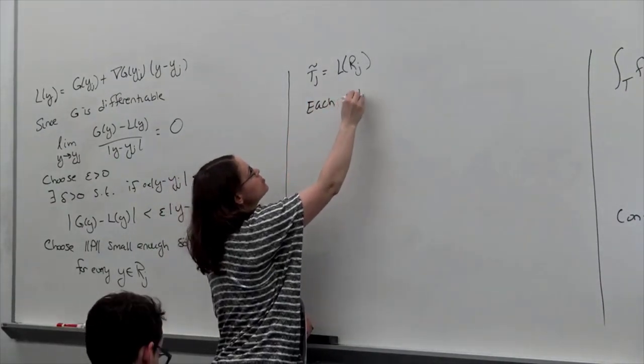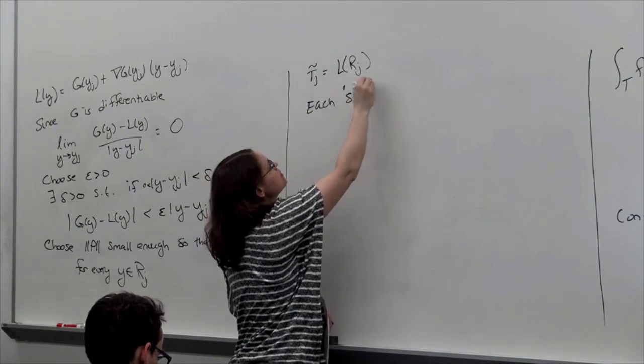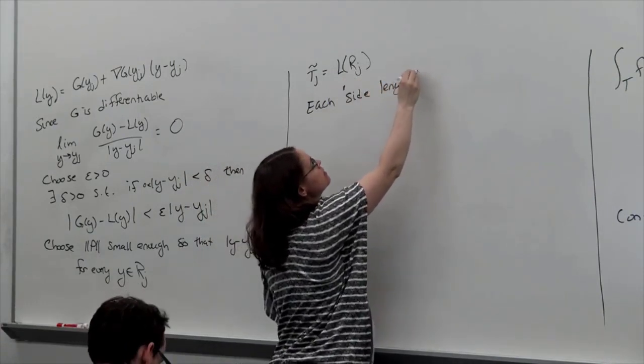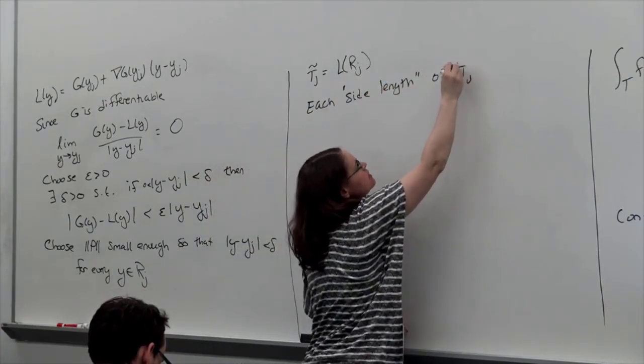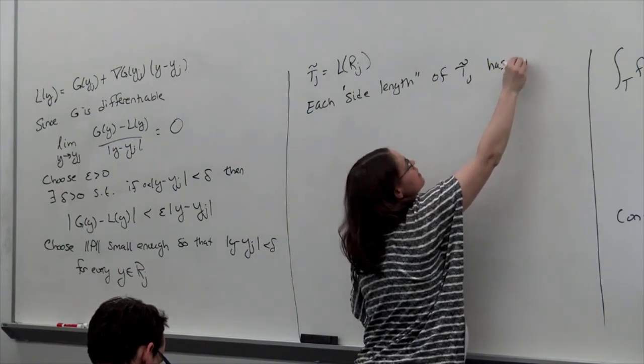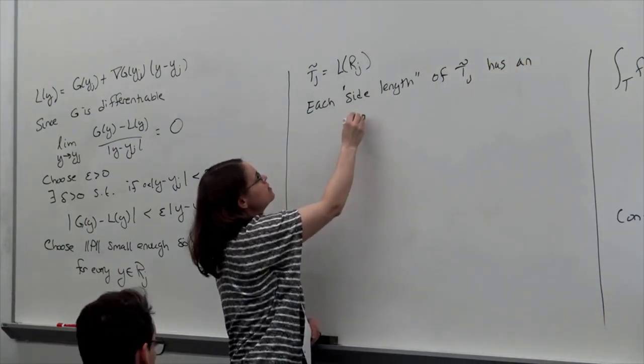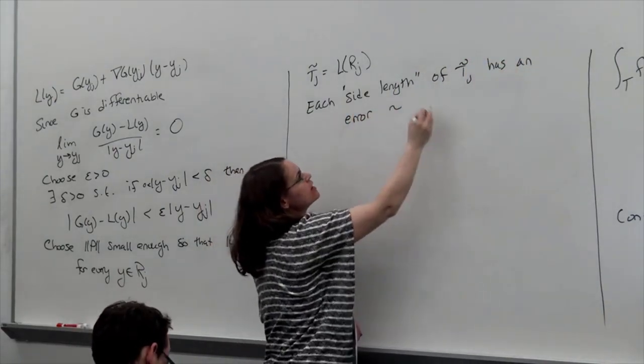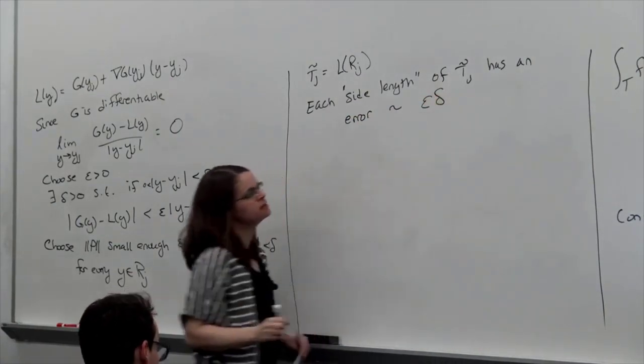So more or less, this is a bit hand wavy, but each side length of TJ tilde has an error that scales like epsilon delta.